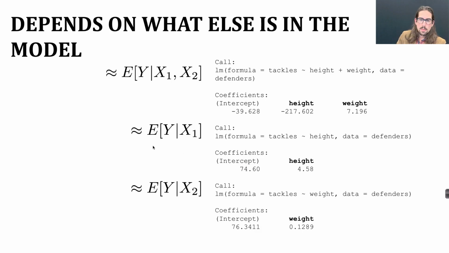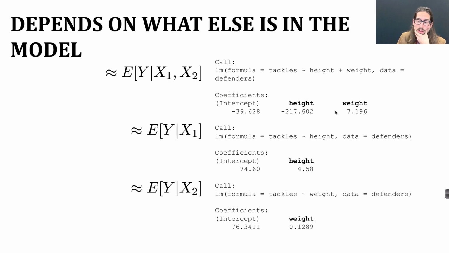So we'll see more about that later. But more fundamentally, the other issue is that these coefficients, what they come out as, really depends on what else is in the model. And that's because if you put in tackles versus height and weight, what you're estimating is some linear approximation of the conditional mean of y given x1 and x2.